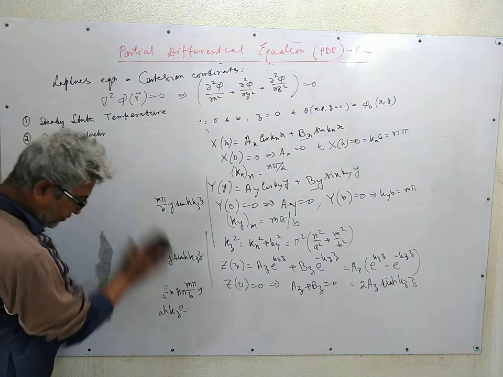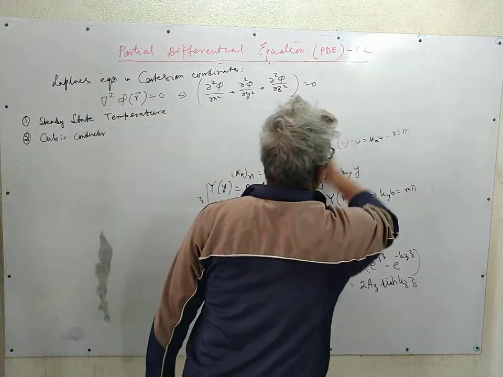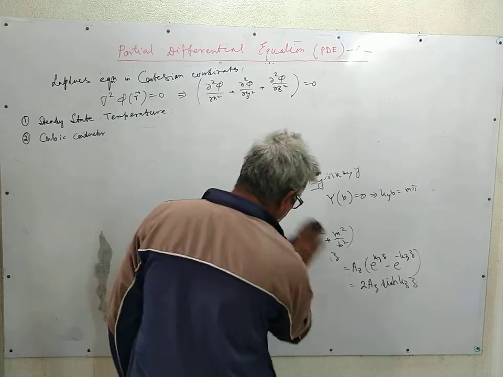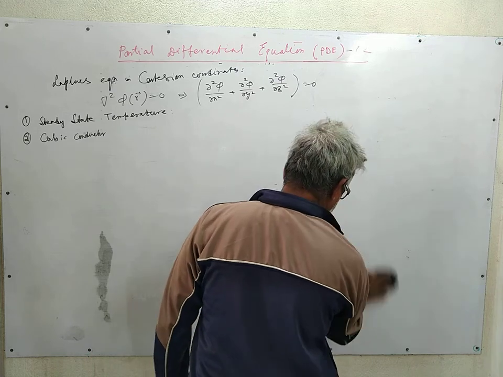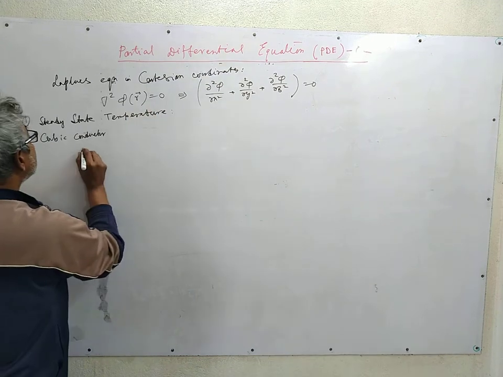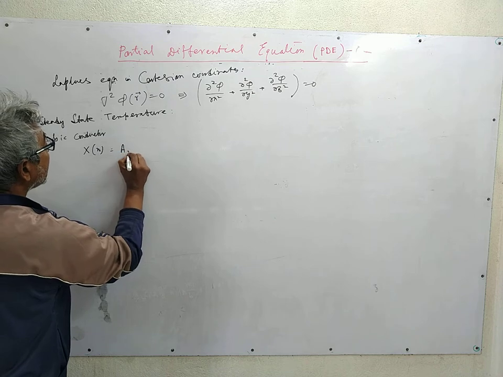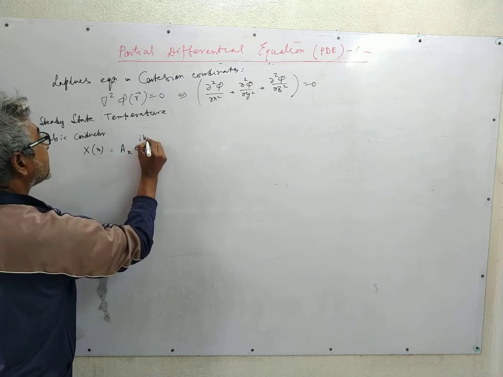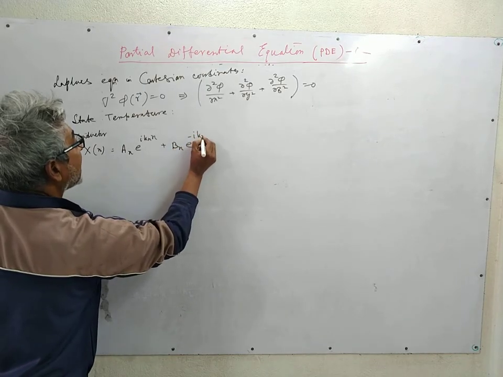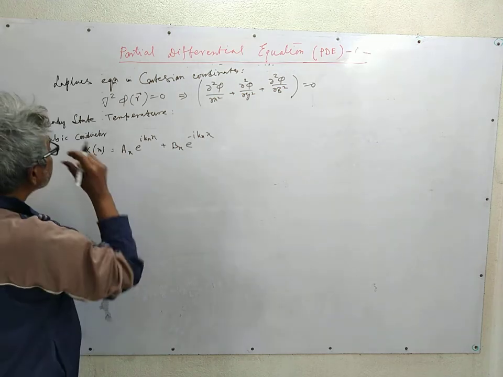The conductor is not grounded, so the potential is constant along all the 6 faces, and this constant value is phi 0. So the solution in the x direction we choose in the form of the traveling wave: Ax e to the power i kx x plus bx e to the power minus i kx x. Similarly for the y direction and z direction.